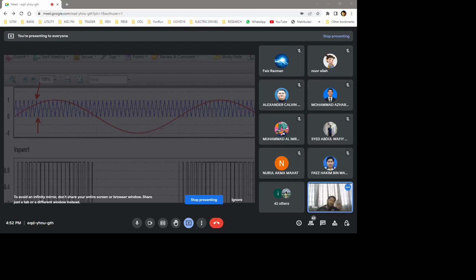This is unipolar PWM. But if you deal with bipolar PWM, you're going to compare the modulating signals, the sinusoidal modulating signals here, with a triangular carrier signal, but it has two values, positive and negative.